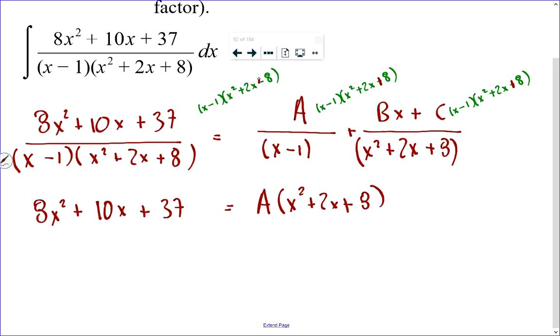And then over here, what we end up with is bx plus c multiplied by the x minus 1, which doesn't cancel. I hope you can see that our cheating strategy doesn't work here. And it's kind of why I've said, well, we can use the cheating strategy, but here's the proper way to do it. Because sometimes you're going to need to use a system of equations.